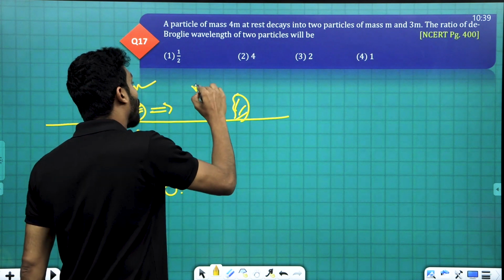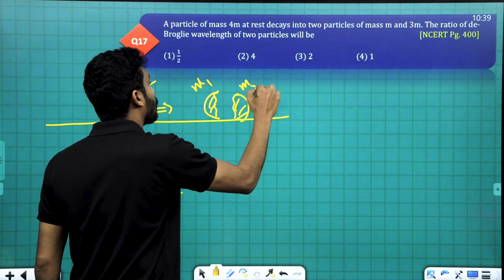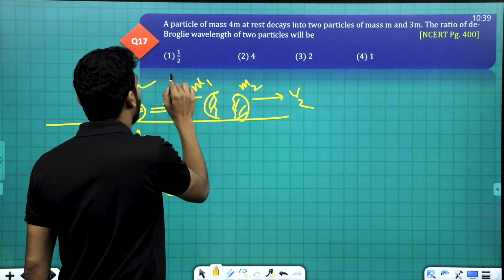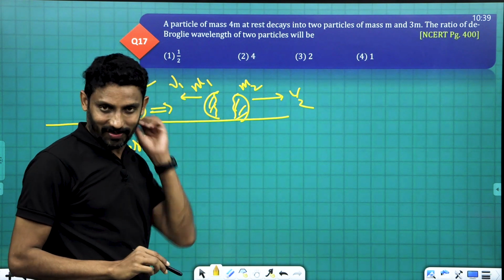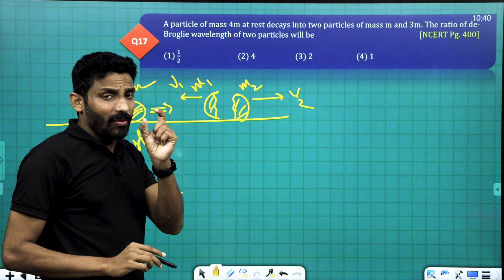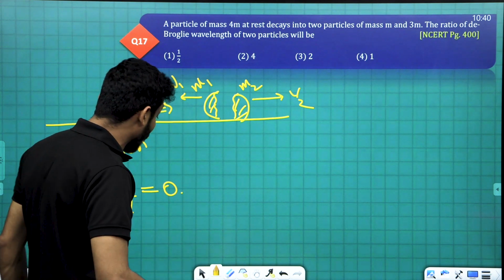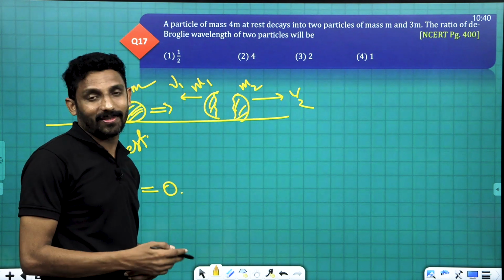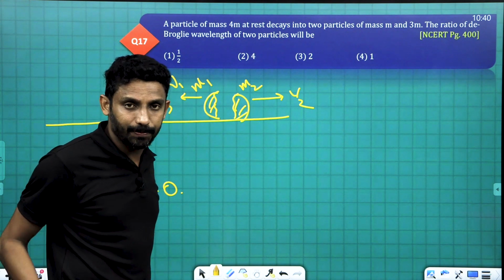One having mass m1, the other having mass m2. This is moving with velocity v2, this is moving with velocity v1, suppose. Then we have to apply the conservation of linear momentum here to understand the velocities after the decay.